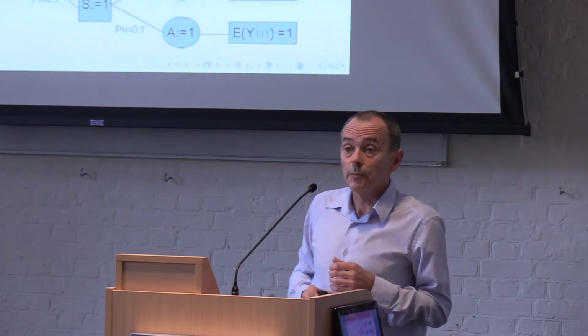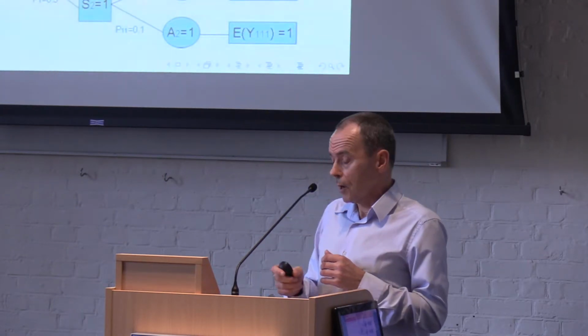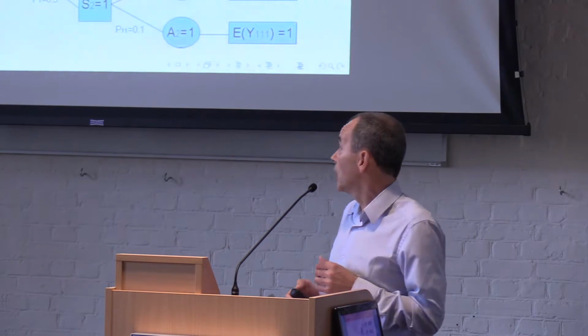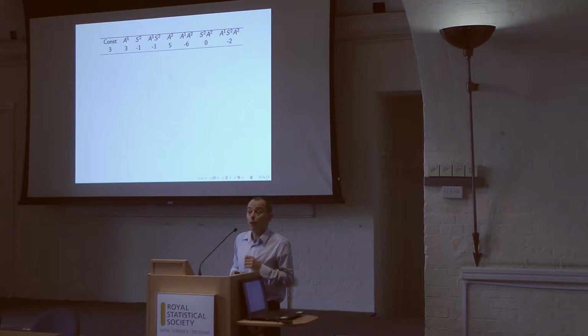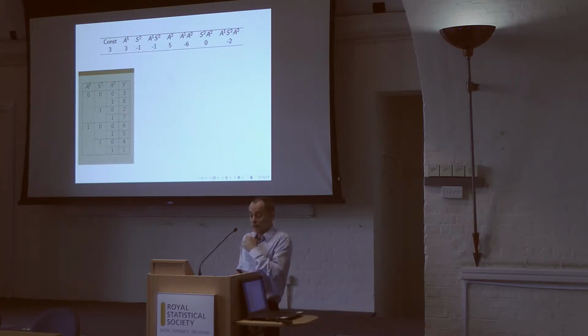So let's go back to my simple example. How would Q-learning work in this special case? That in fact is my regression model for my final y. So y, my final outcome, has expected value 3, plus 3 if I chose action 1 at time 1, minus 1 if it turned out to be state 2 at visit 2, minus 1 times the interaction of first action and second state, plus 5, 6, etc. If you work that out, it's a trivial example.